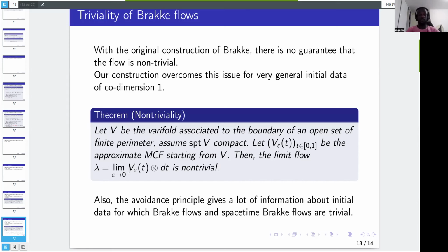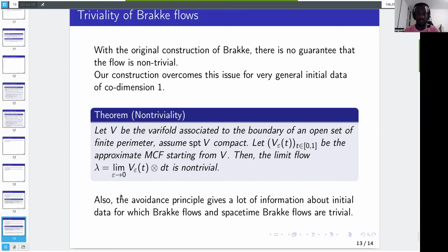So what we proved is just a generalization of what some people proved: if you have a volume inside your varifold, you cannot disappear instantly. You have to evolve in a continuous way.